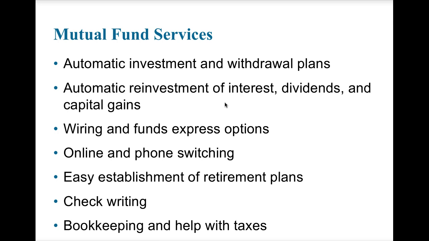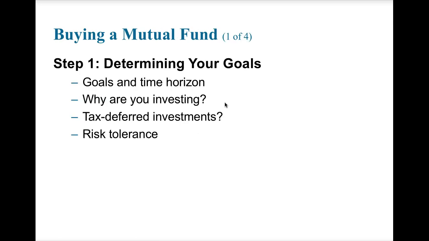So you can keep everything in one portfolio or one account. In a Fidelity brokerage account, you can also directly buy mutual funds from other companies, and they'll all be housed within the Fidelity brokerage account.